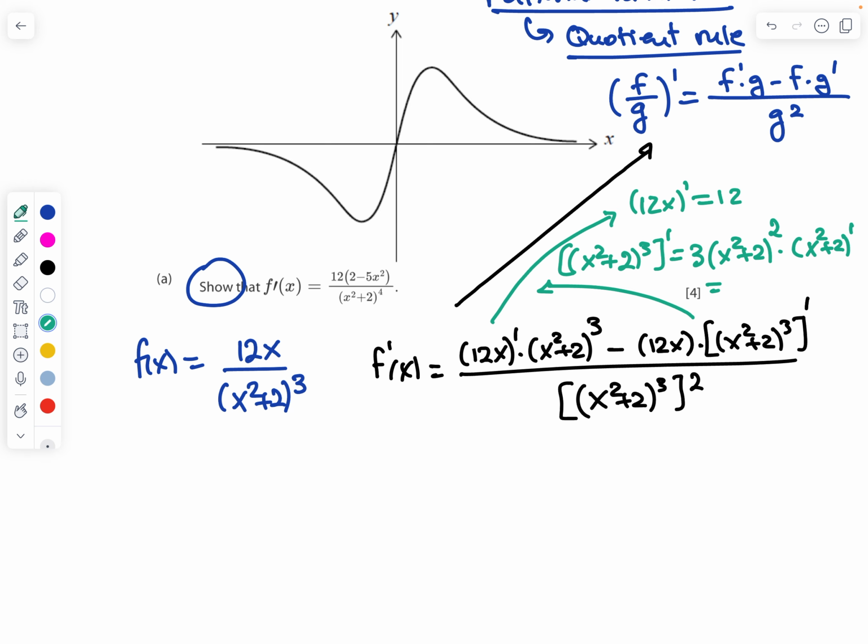So all in all, that becomes 3 times (x squared plus 2) squared times 2x, which is the derivative at the end.